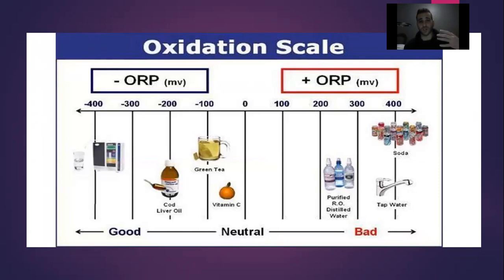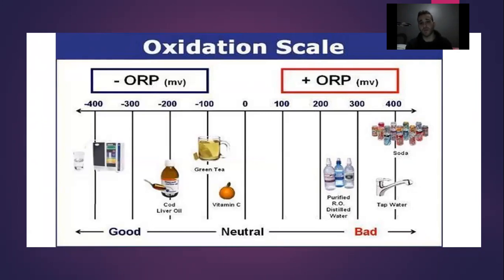As you explain this, you will say that the more negative something is, the better it is at donating electrons. So once again, electron stealers on the left, on the positive, electron donors on the right.